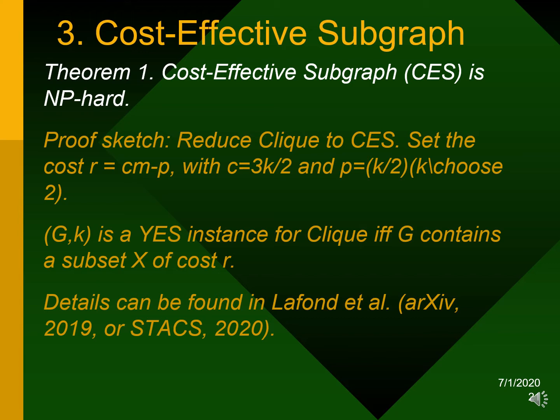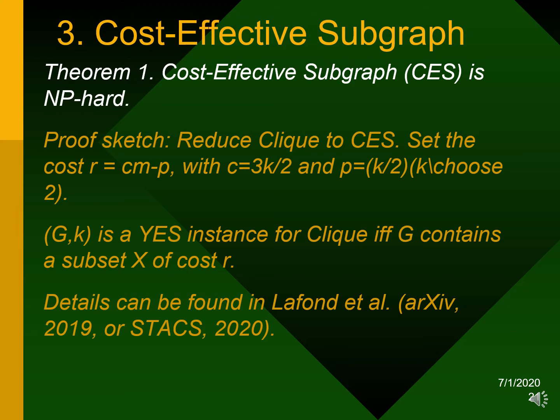We showed that (G, k) is a yes instance for clique, in other words G has a clique of size k, if and only if G contains a subset X of cost R, which is 3k over 2 times M minus this P, right? I will not give more details because it mostly involves some calculations.